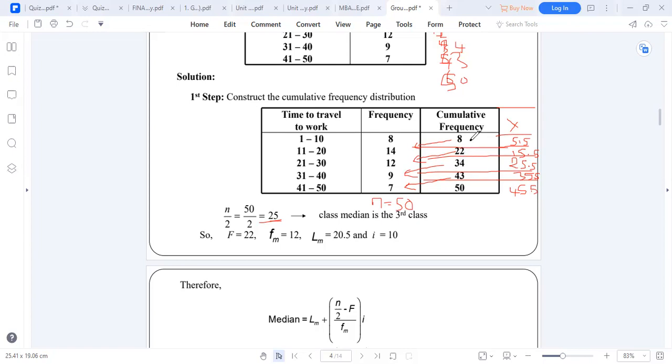So you draw a visible arrow here, 34. So 34 is here. The number above the 34 is called capital F. The lower boundary in the same line with 34 is called our LM.